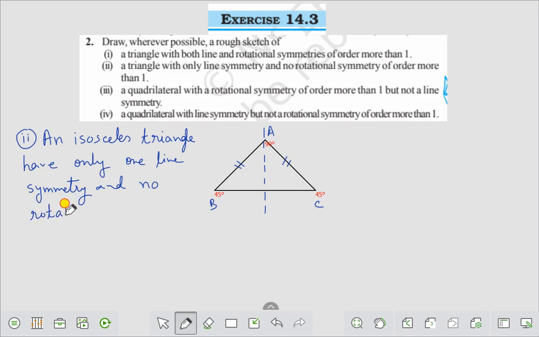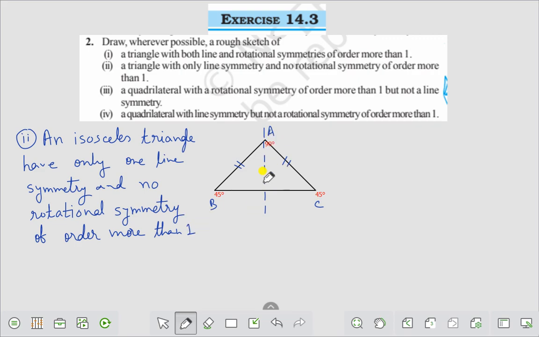No rotational symmetry of order more than 1.